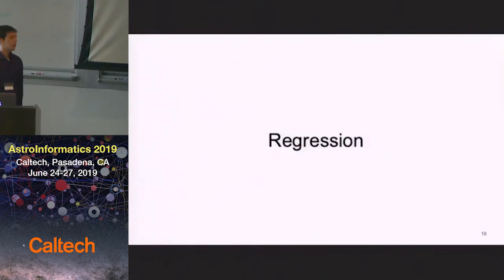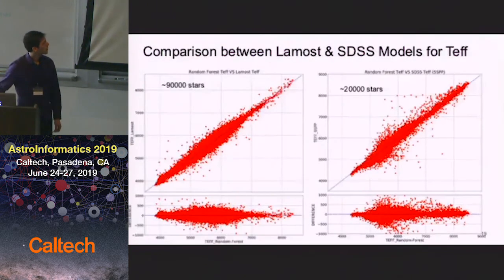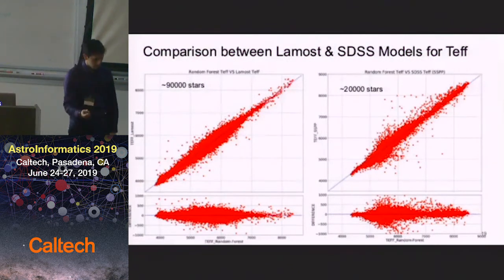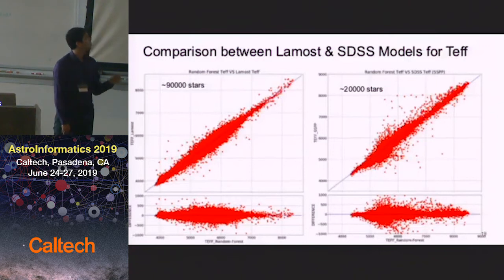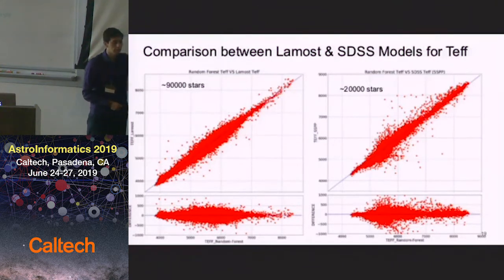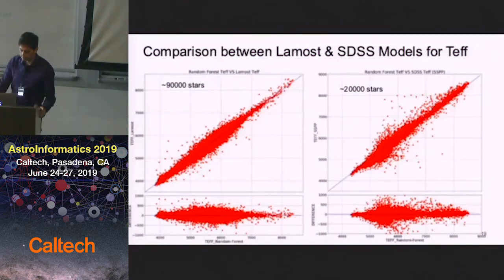In terms of regression, I basically do the same thing in order to estimate effective temperature using a cross match with Sloan data release 12, and with LAMOST data. So what I did here is train a model based on LAMOST data and apply the regression to the other one in order to see what happens.